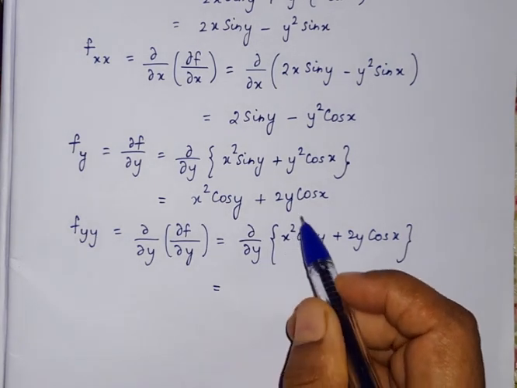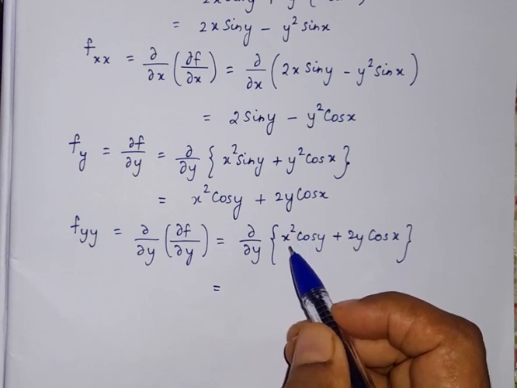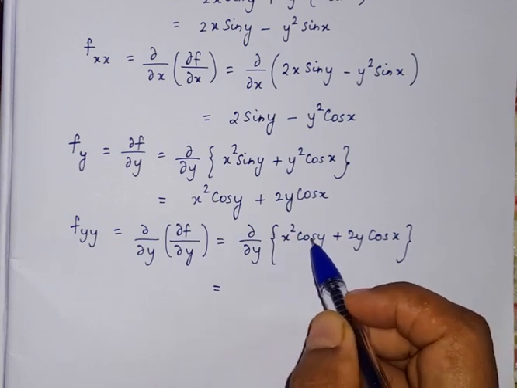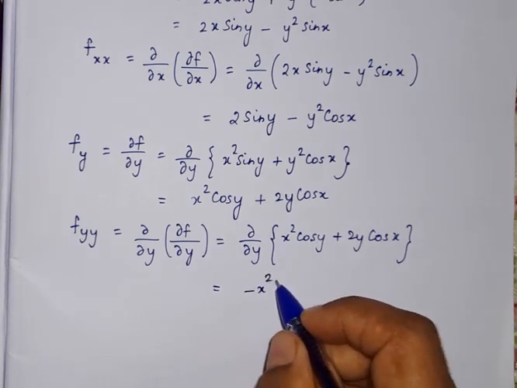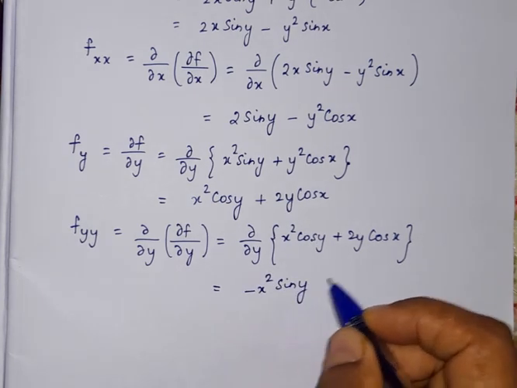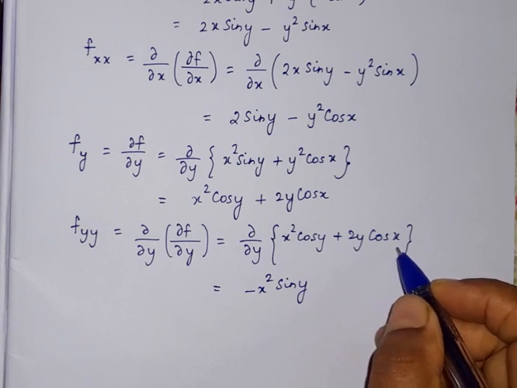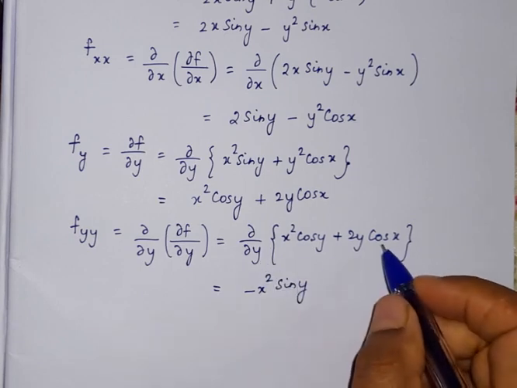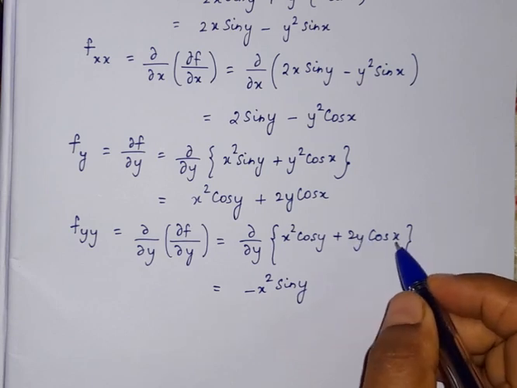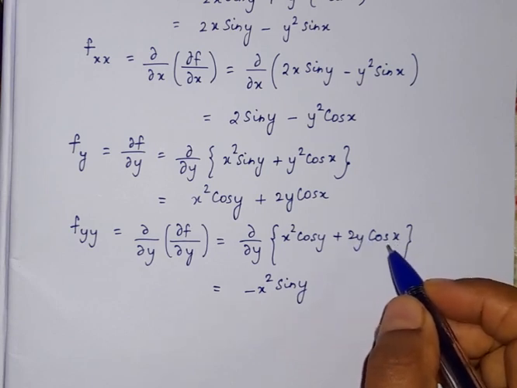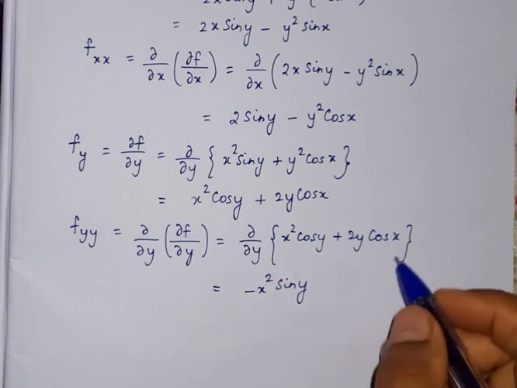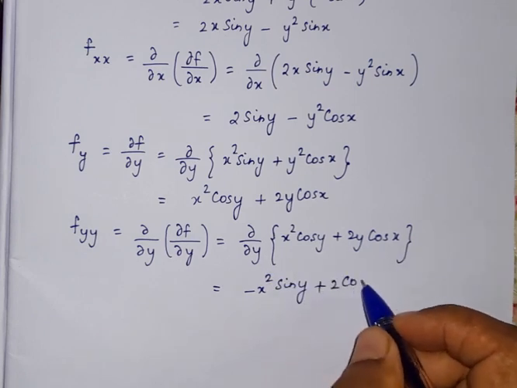So x square will be the constant term, keep it as such. Cos y, when differentiated partially with respect to y, gives minus sin y. So minus x square sin y. Considering the second term, when you differentiate partially with respect to y, the x term will be the constant. So 2 cos x will be the constant terms, and y, when differentiated with respect to y, is 1. So you will be getting it as 2 cos x.